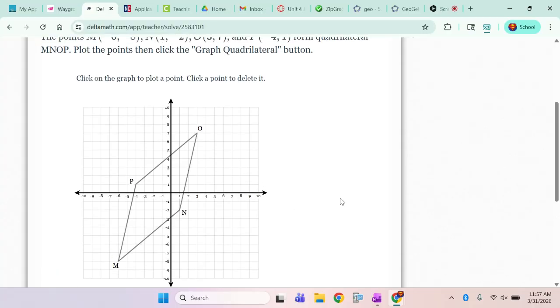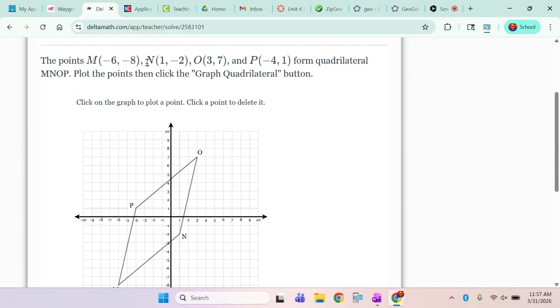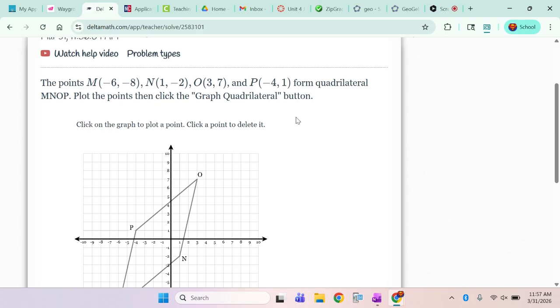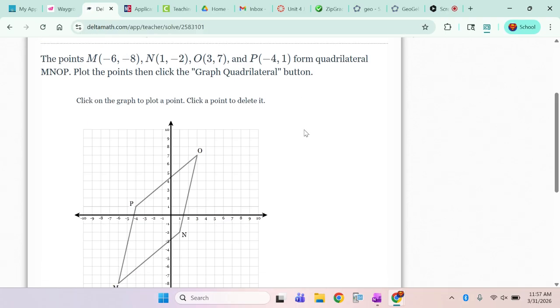It should look like this when you graph it. Again, you're graphing these 4 points. Very first one on 5.2, proofs with quadrilaterals. I assigned it to you yesterday. That's the one that you had to do on your own.